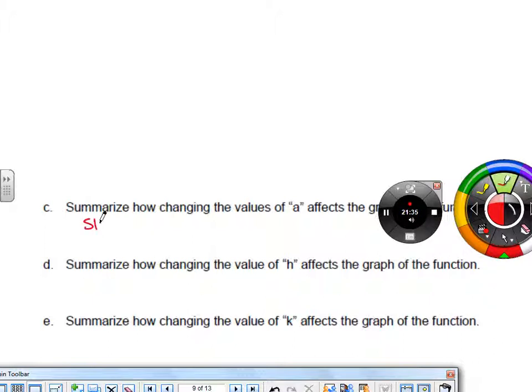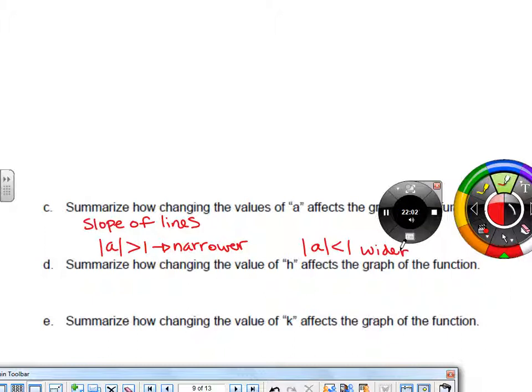It has to do with the slope of the lines. When you looked at A without the sign, so if you looked at A as an absolute value, just looking at the number, if it was bigger than 1, then the graph became more narrow. And if it was less than 1, then our graph would be wider.